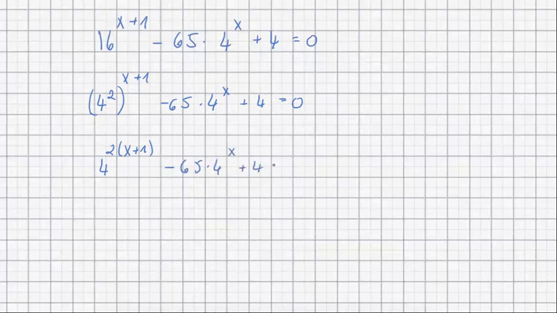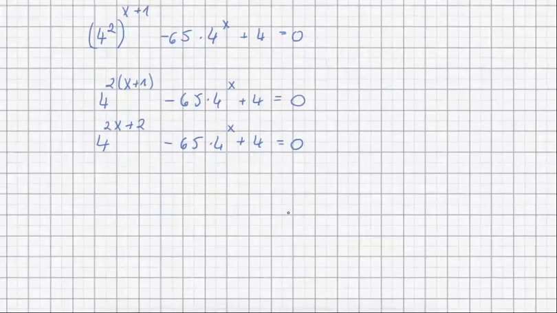So now we have the same base, because we have 4 to the power of something, and here 4 to the power of something, and this is only 4. Now let's open the parentheses here, so plus 2 minus 65. And now if you have in the power something plus something, do you remember what the rule says?